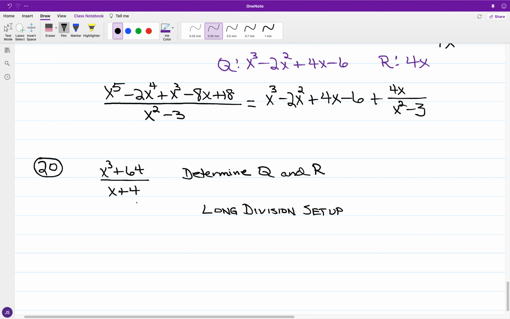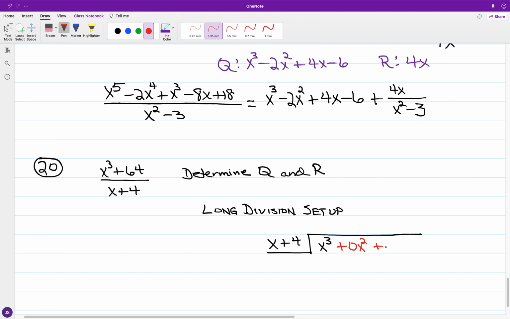So for the long division setup, we have x plus 4 dividing into x to the third plus 64. Notice I do not have a second or first order term in x, so I'm going to use 0 placeholders.